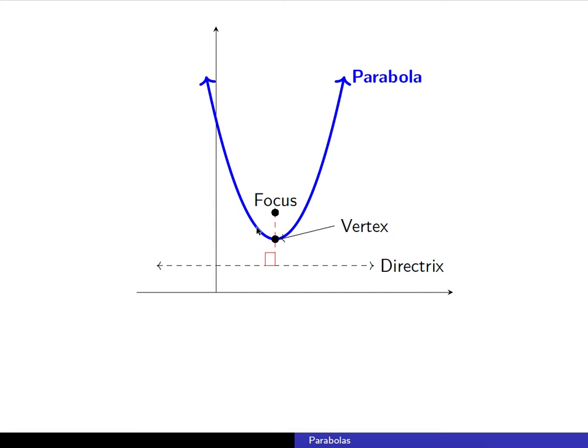And we have a special point on the parabola called the vertex, and that vertex follows the same rules as any other point on our parabola: the distance from the vertex to the focus is going to be the same as the distance from the vertex to the directrix line.